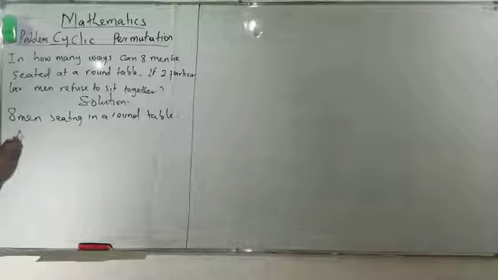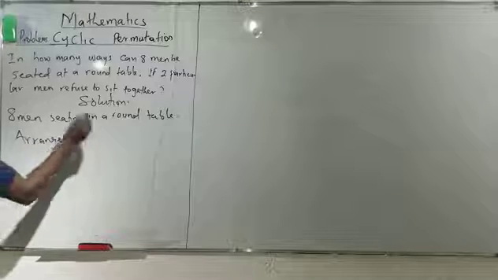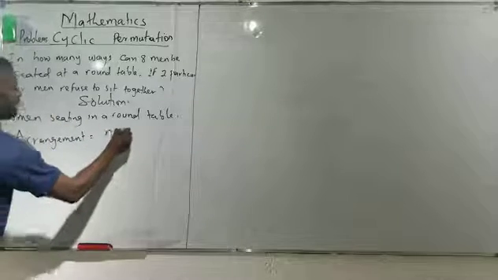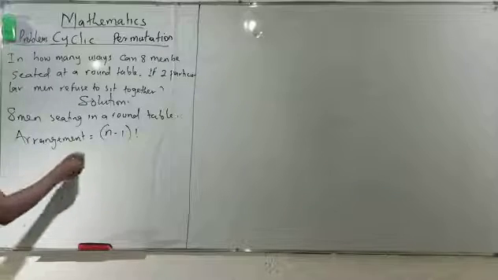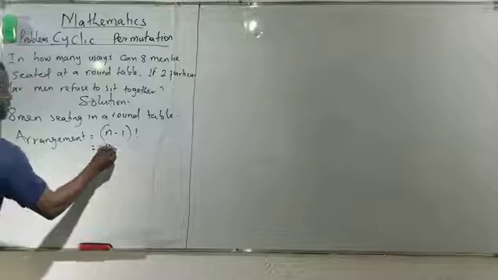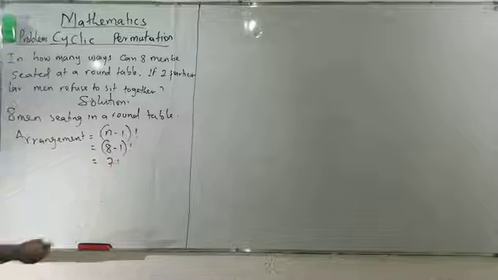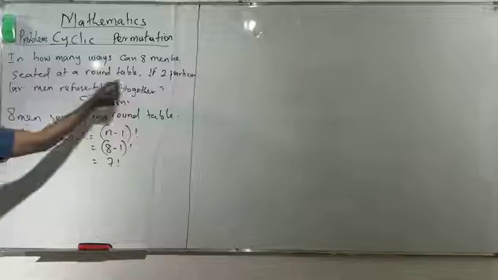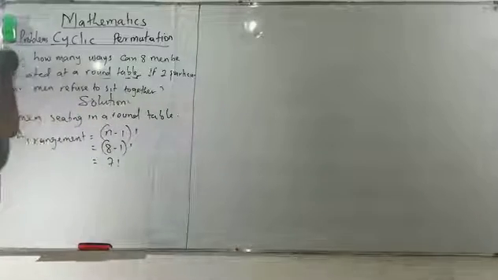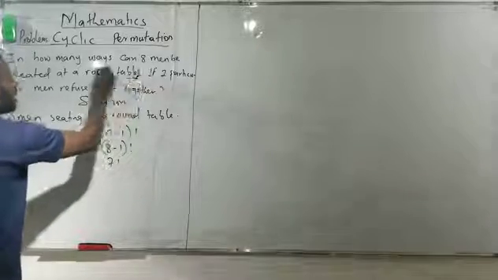The arrangement will be equal to n minus 1 factorial. Now, n minus 1 factorial, which is 8 minus 1 factorial, sums out to 7 factorial. Now, that is the first condition, first problem, from here to here. I've done that.